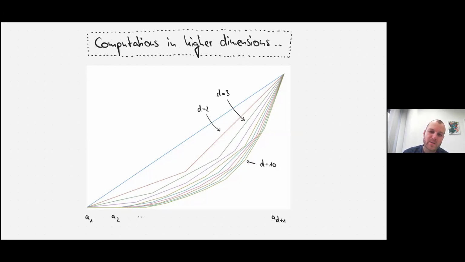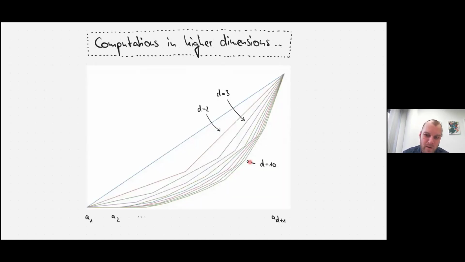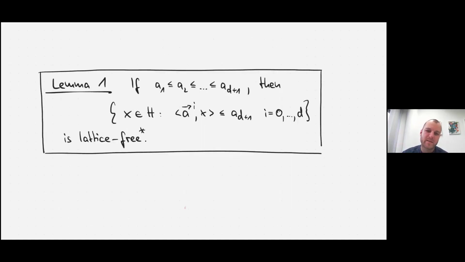The monotonicity is super nice, because what you can prove, and in the end it's easy, is that if the coefficient vector is monotonically increasing, or non-decreasing, then if you define that simplex in the way I described it, you get a simplex that is indeed lattice-free. So once you just care about this, and it seems that you should, you don't have to worry about lattice-freeness. It's automatically lattice-free. Good. Very nice.